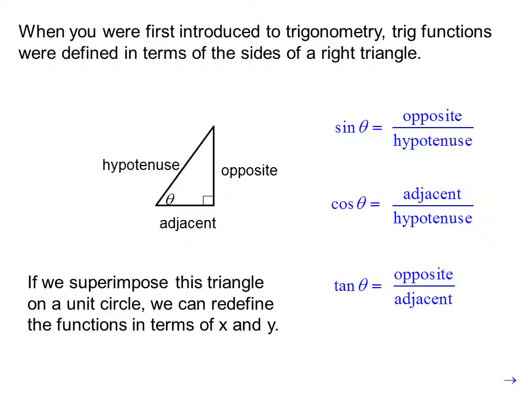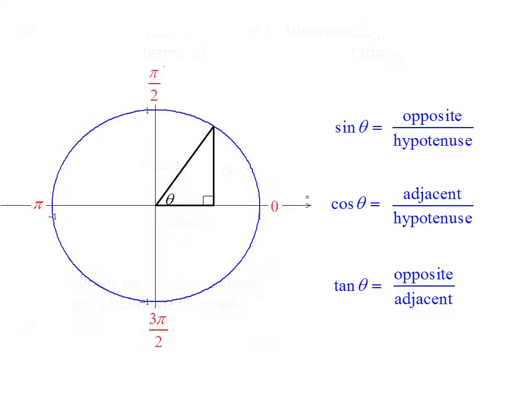If we superimpose this triangle on a unit circle, we can redefine the functions in terms of x and y. We can label the horizontal side x, the vertical side y, and the hypotenuse is 1 because it is a unit circle.